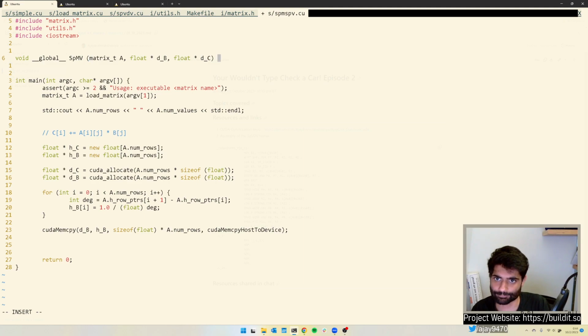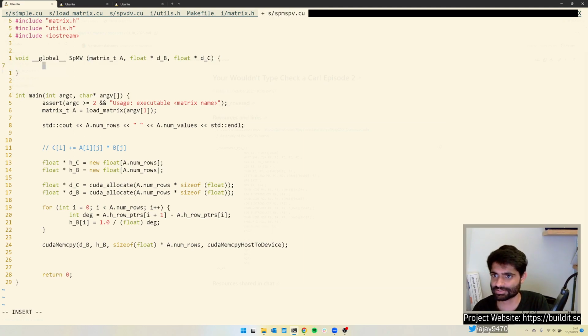Don't need anything else. Sizes are part of the matrix A itself. By the way, here I'm passing the matrix by value, but that's okay because the matrix only has pointers inside it, which I'm going to use only the device version. So I'm passing the structure by value, but that's okay. This is not copying the entire data. I'm just copying the pointers to the parameters.